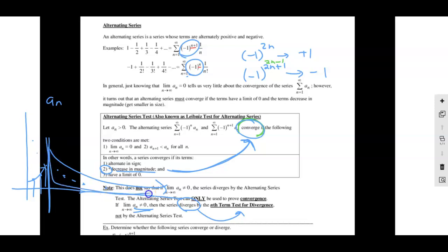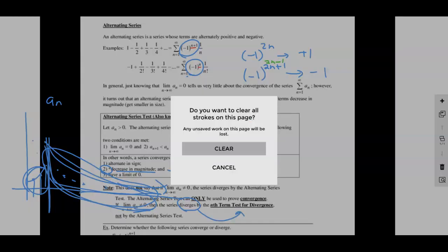And as long as the rest followed the alternating series test, where they are decreasing, alternating in sign, and have a limit that's 0, then I could just add those other couple of chunks in. So technically, we can live if it's not strictly decreasing in magnitude.